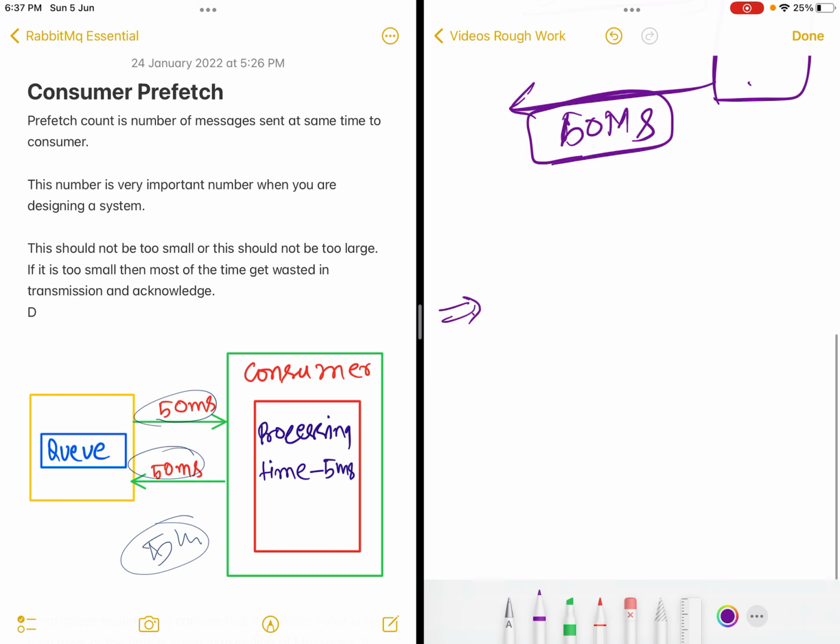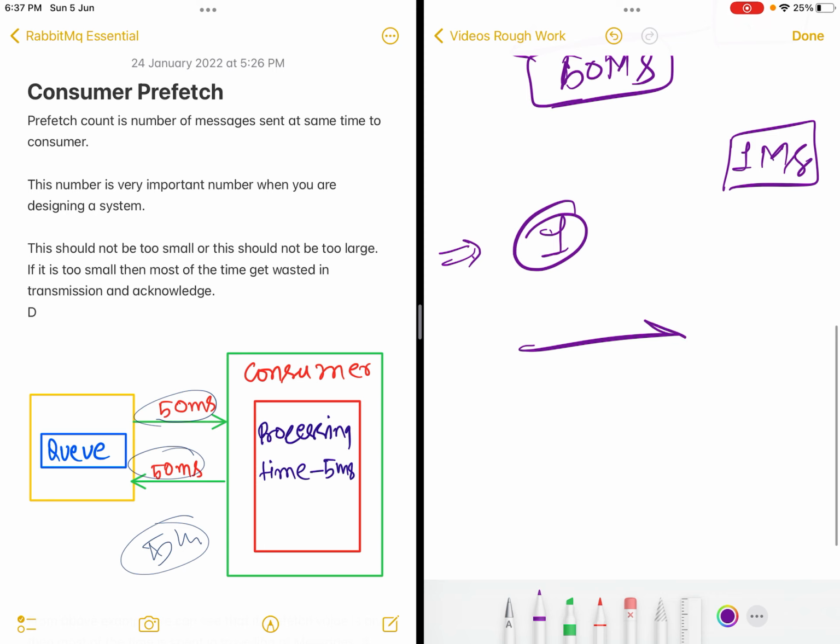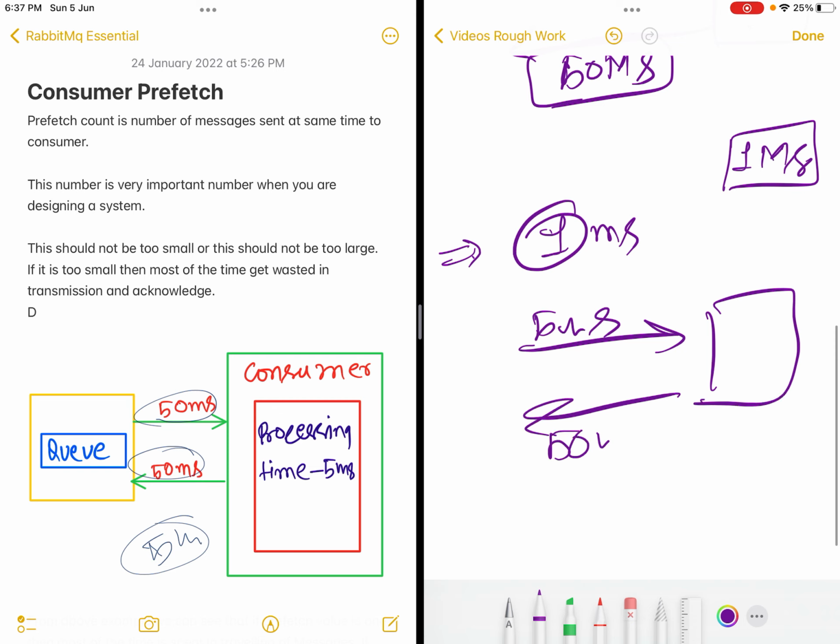Suppose your consumer takes 1 millisecond to process one message and you have set the prefetch count as 1. So 50 milliseconds got consumed in sending the message and 50 milliseconds got consumed in closing that connection, and you have sent only one message, which got consumed in 1 millisecond.